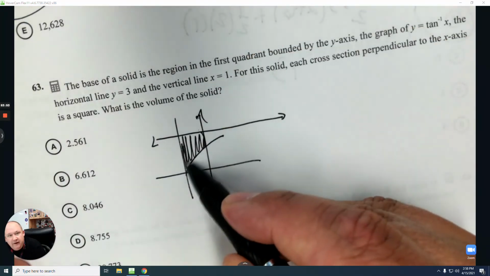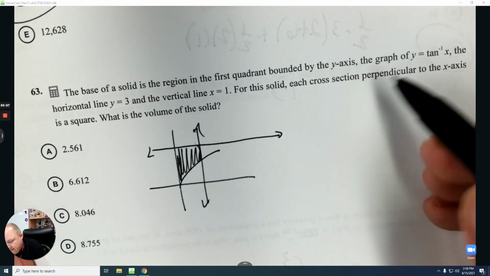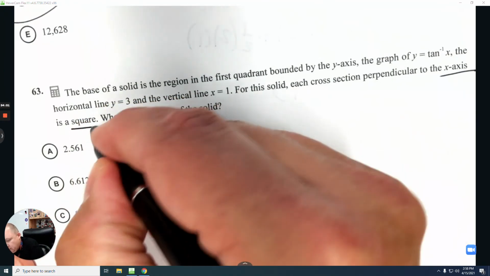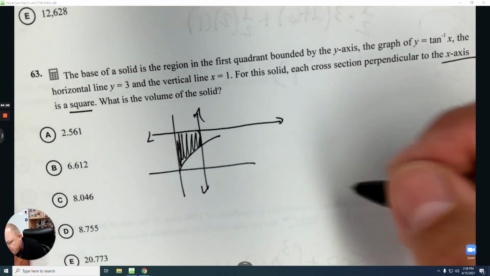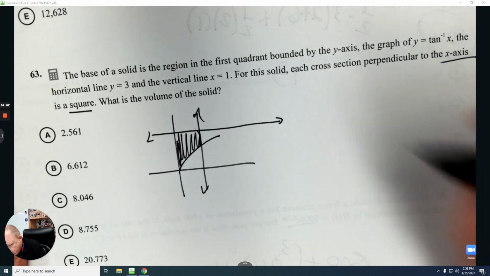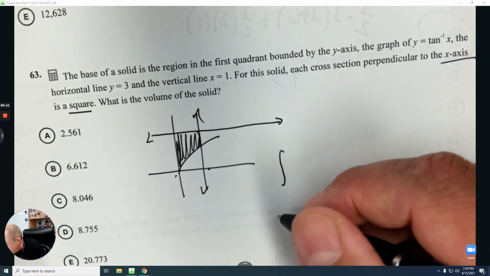So this is the graph of arctangent, and then it's perpendicular to the x-axis, and it's a square. So we need to know our bounds. It goes from the x value to the x value. So that's 0 to 1.